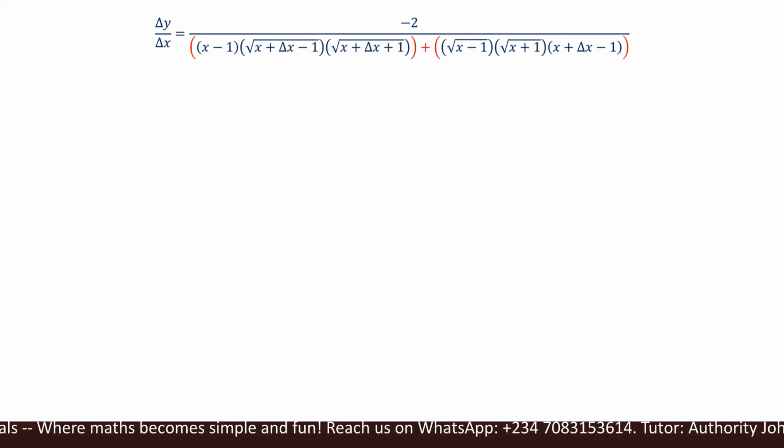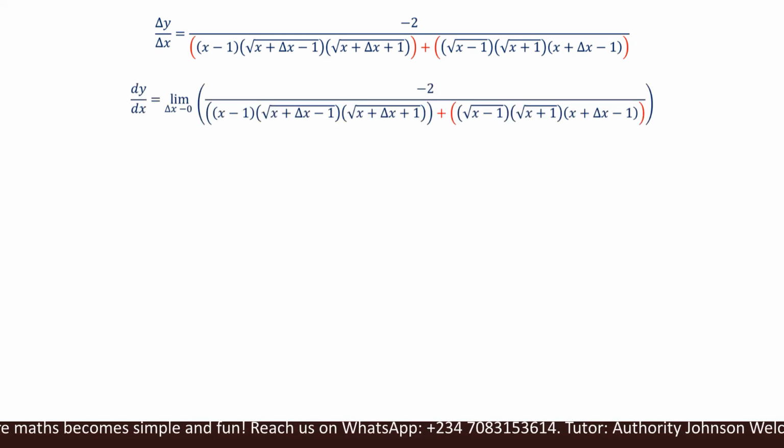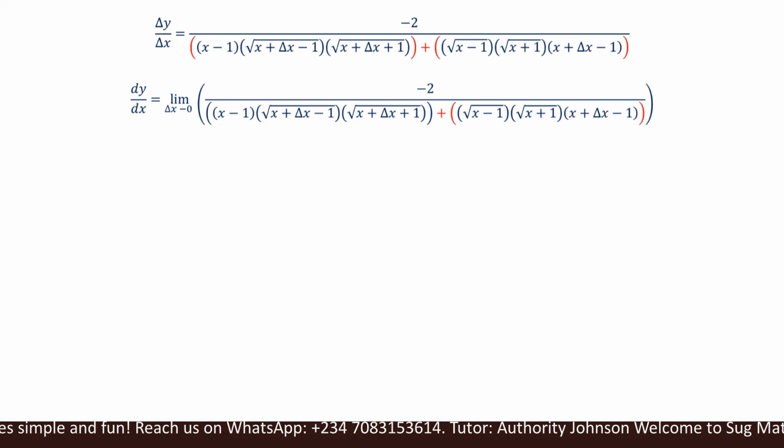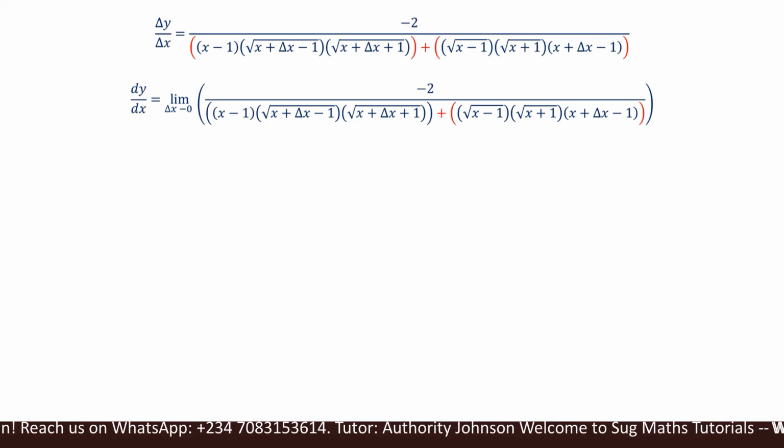So taking the limit, on the left hand side, we are going to have dy all over dx equal to, in the right hand side, we are going to have limit as change in x approaches 0 of minus 2 all over x minus 1 in bracket, square root of x plus change in x minus 1 in bracket, square root of x plus change in x plus 1 in bracket, plus square root of x plus 1 in bracket, square root of x minus 1 in bracket, x plus change in x minus 1.